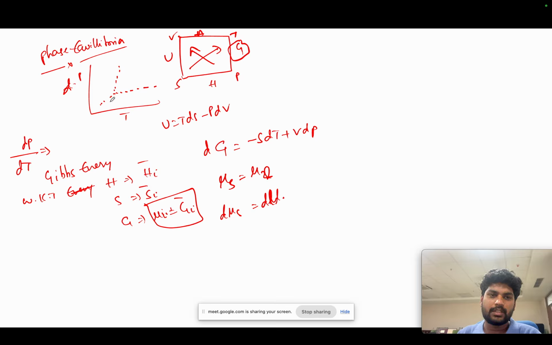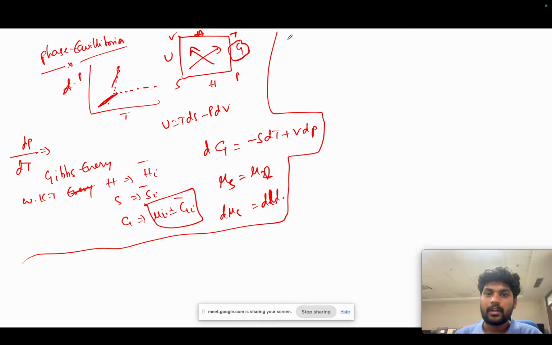From here on this coexistence curve, I have taken this line of solid and gas, and I am at this point initially, the ith point, and at the second point I increase the temperature from 1 to 2. So then we will get T plus dT. Then we will have an increase in the chemical potential also.